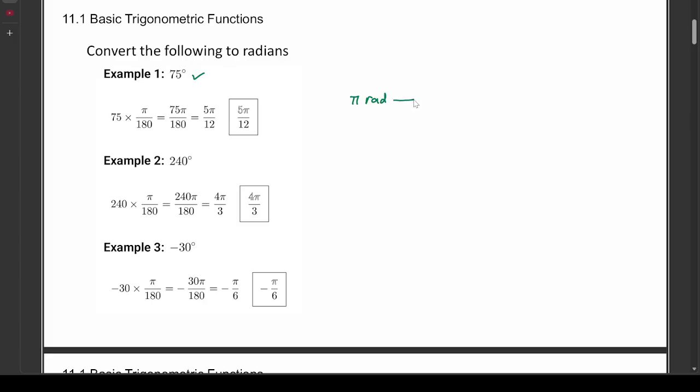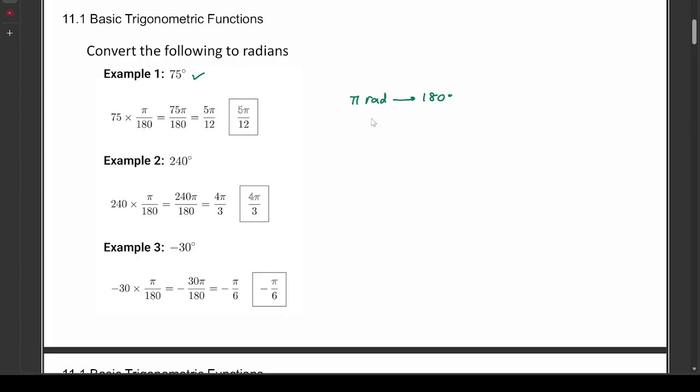You just need to remember that pi radian is basically 180 degree. This conversion is basically like 100 ringgit Malaysia, how much is Sing dollar. So you need to know this conversion. Pi radian is 180.